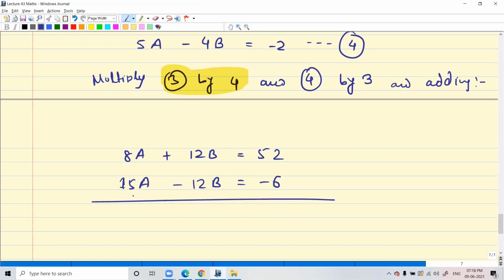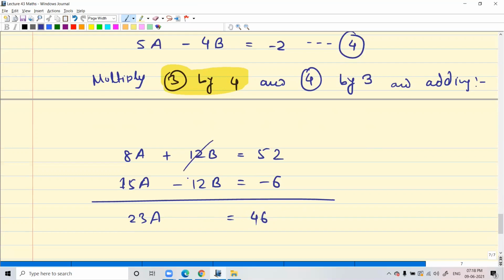So when I add them, what would I get? Since this is just simple addition, let's write. Kavya, tell me, what should I do next? After adding, what would I get? a is equal to 46.